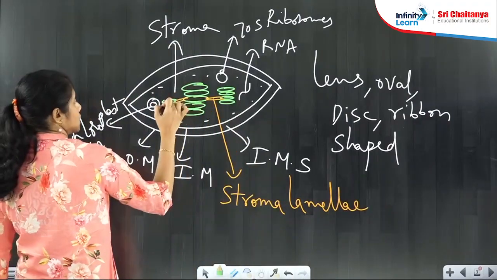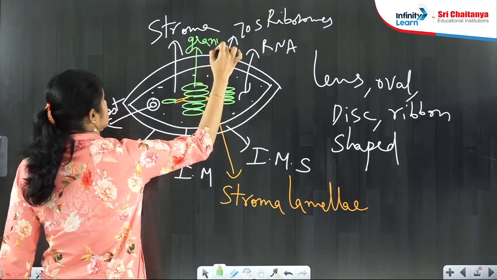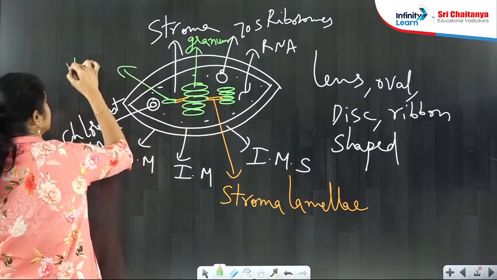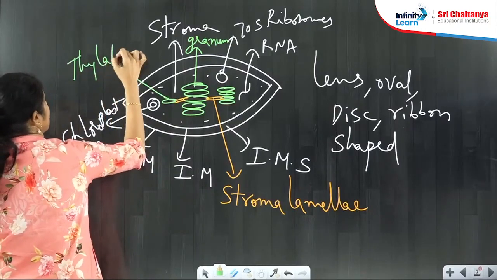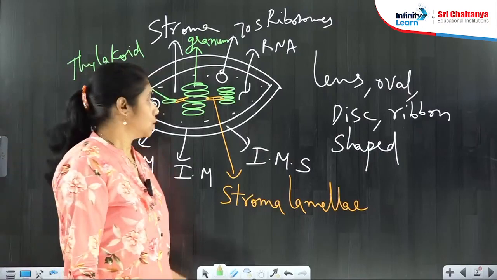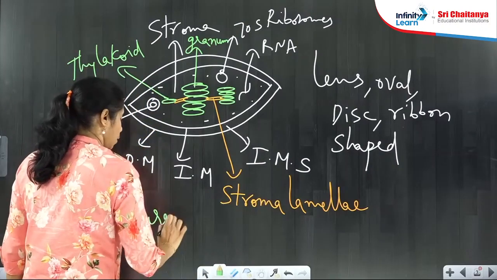These are called grana, granum, and this is a thylakoid. One only I have shown you there, so thylakoid. Okay, so these are larger than mitochondria.